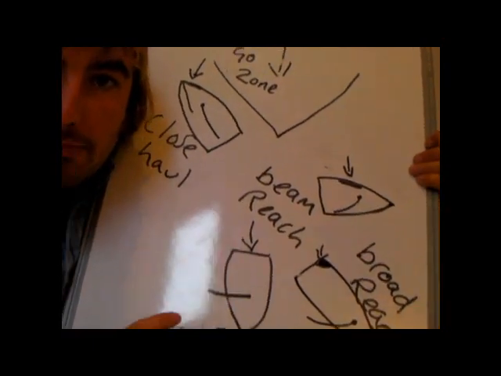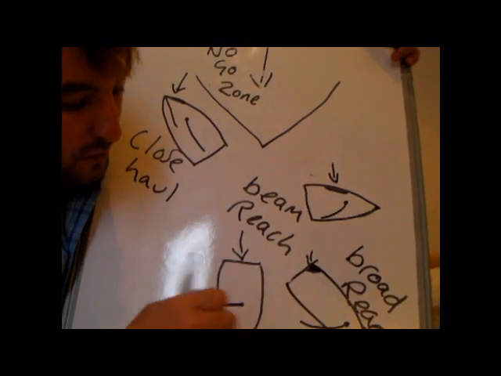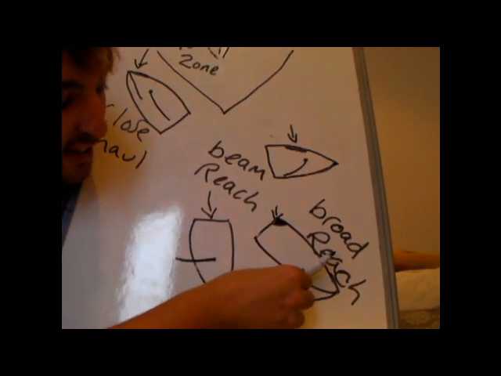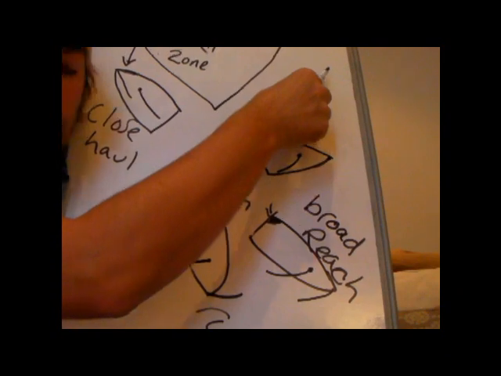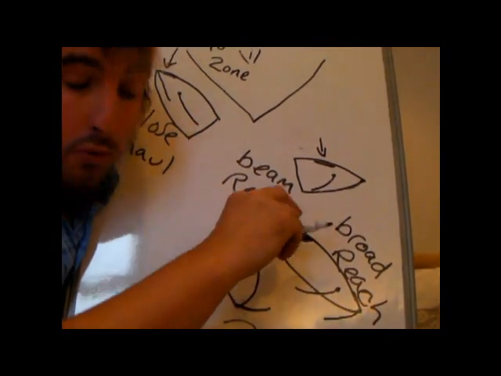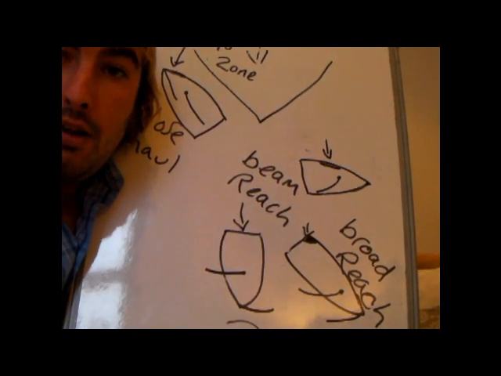I probably haven't drawn this particularly well, but excluding the run, if I've drawn it correctly, the angle of the sails for each of these three points of sail should be the same, and it's only the boat that's actually turning underneath the sails. Okay?